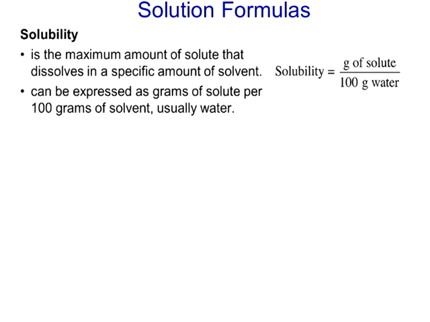So typically solubility is reported as a percent. The number of grams per 100 grams of solvent. And water is a very typical solvent that's reported for a lot of materials. But there are other solvents that it can be reported in. So that's the formula for solubility. It's basically a straightforward percent formula.